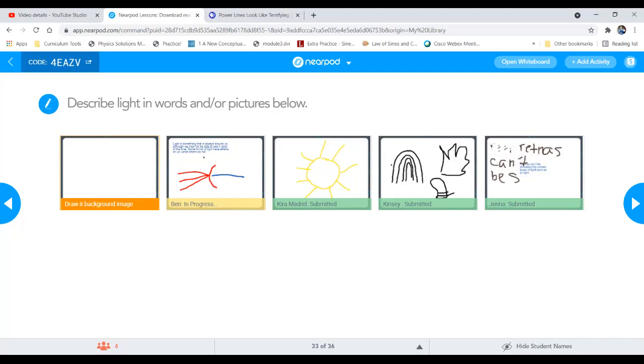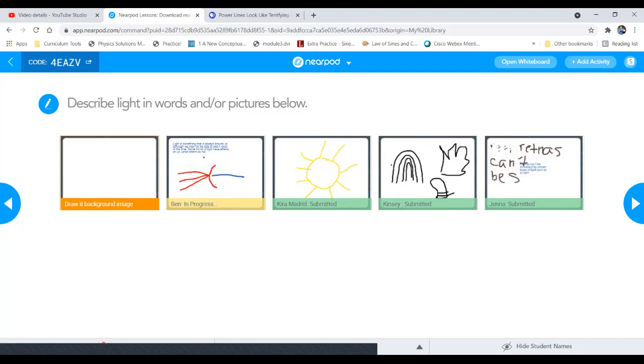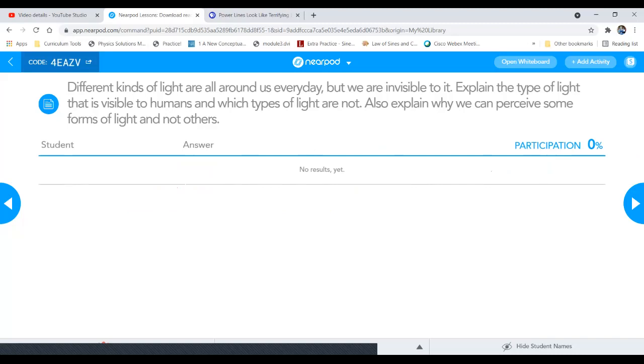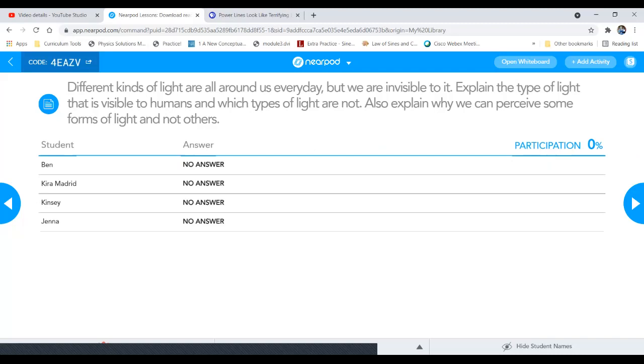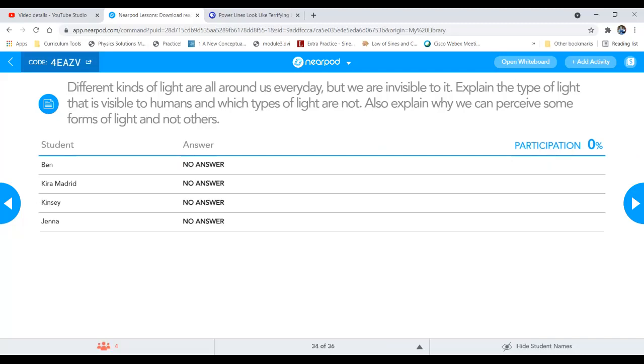And so these are things that you will be learning more about this week. But that's good, guys. Different kinds of light are all around us every day, but we are invisible to it, or it is invisible to us.